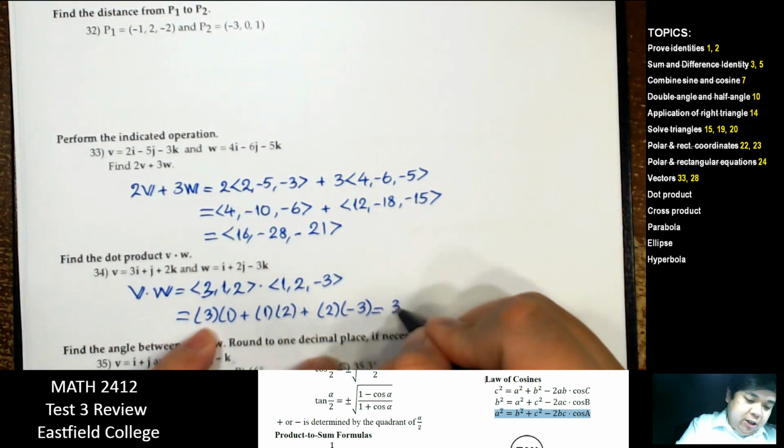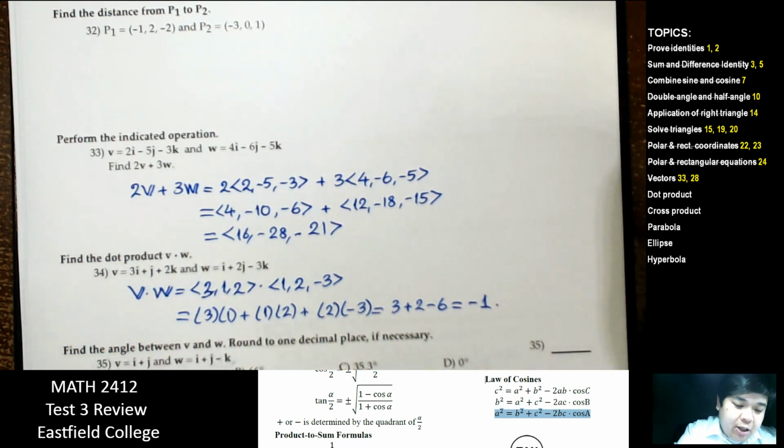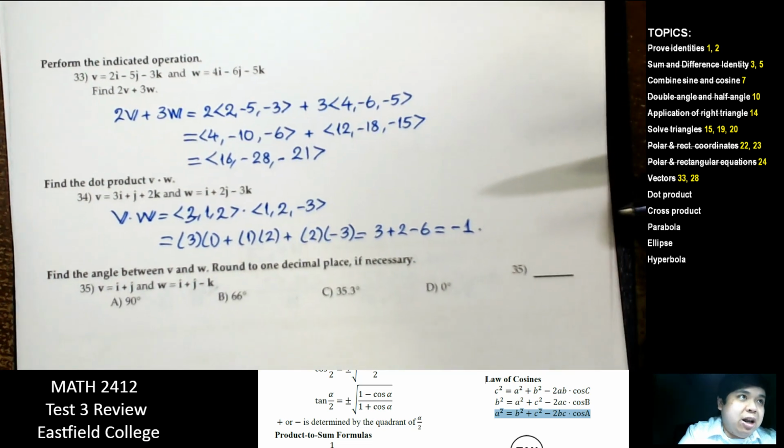So we have 3, 2, negative 6, and that's negative 1. The dot product is just a number, so that's easy.